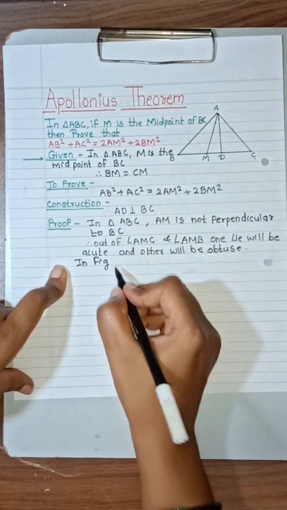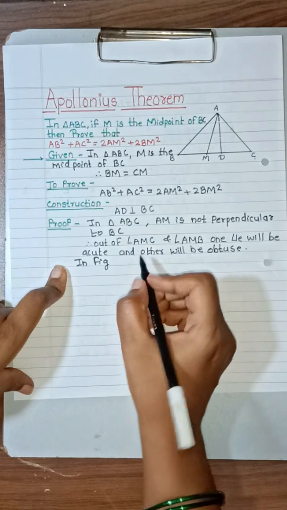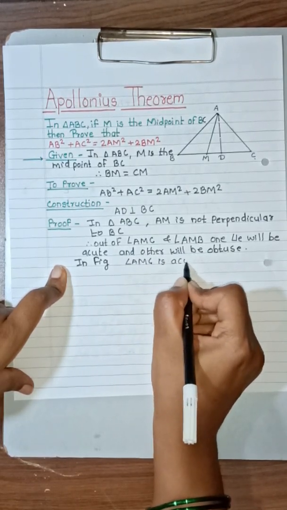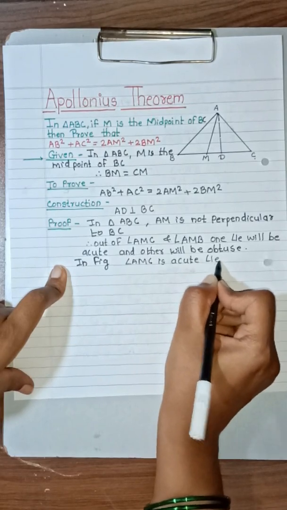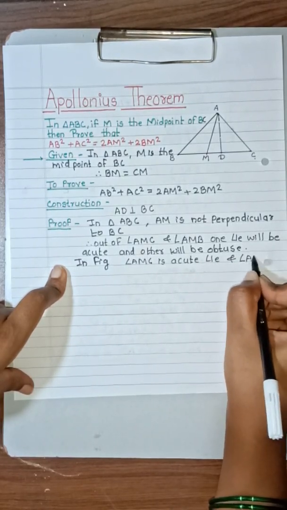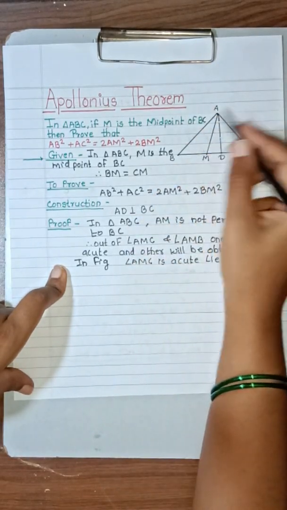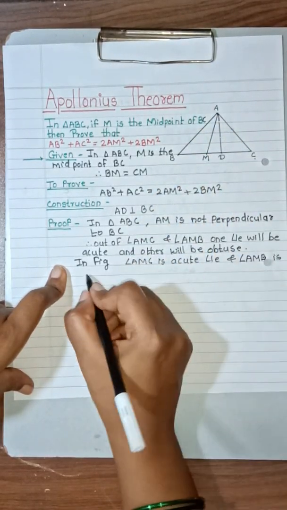That means in the figure angle AMC is an acute angle and angle AMB is more than 90 degrees. This angle is an obtuse angle.